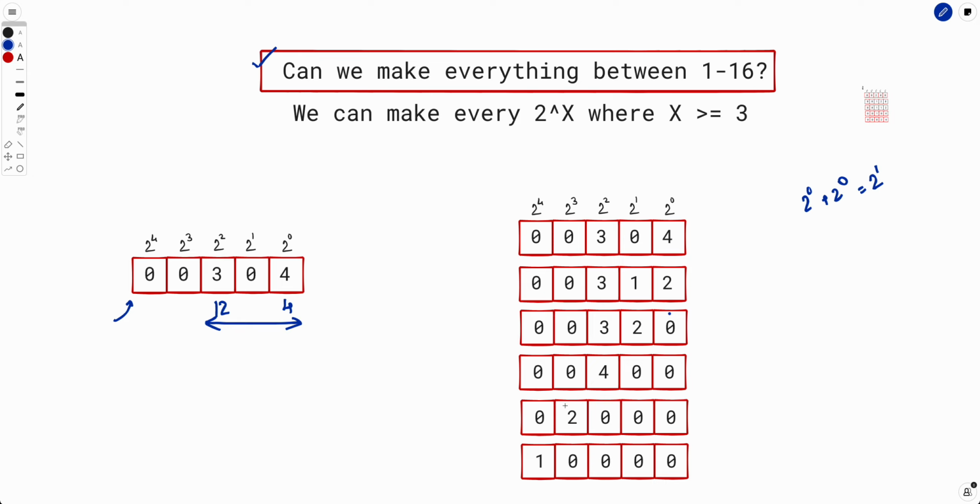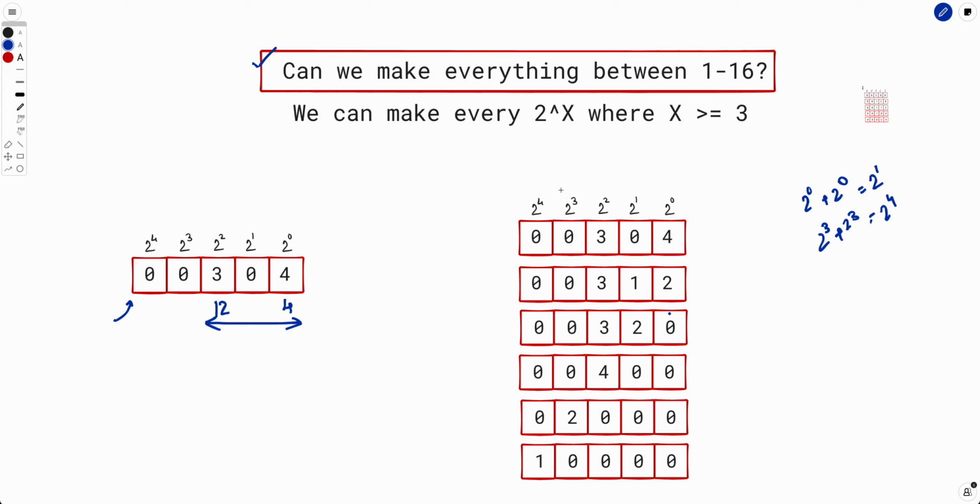Once you have this, again you can apply the same operation. You have 2 power 3 plus 2 power 3, you can simply convert this to 2 power 4. So finally you get 2 power 4 which you wanted.